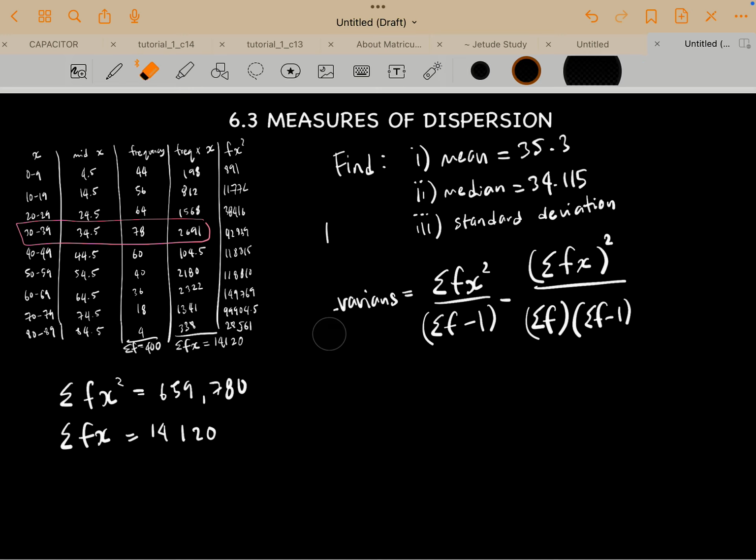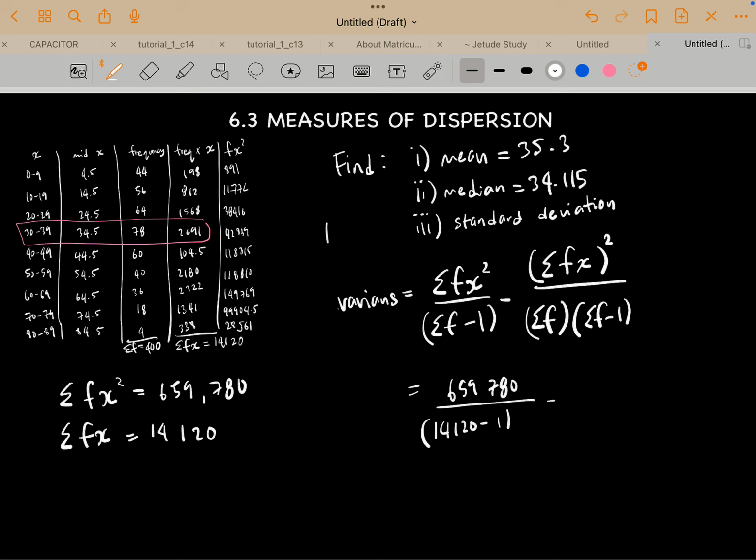So to calculate the variance, that's just 659,780 divided by this number minus 1, minus that number to the power of 2 divided by this sum of frequency, which is 400, and then this is 400 minus 1.